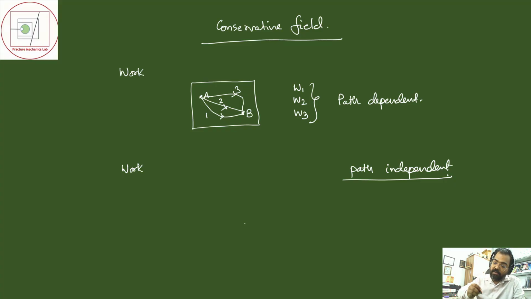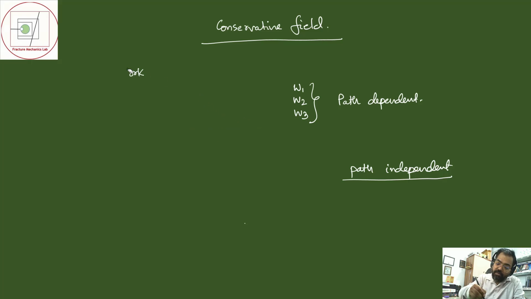So now let us look at the conservative field concept. A conservative field is described when you have what is known as potential, and the force, or say some variable, in this case force, can be described as the divergence of a potential, or I shouldn't say divergence, but I should say that it is the gradient of a potential energy.